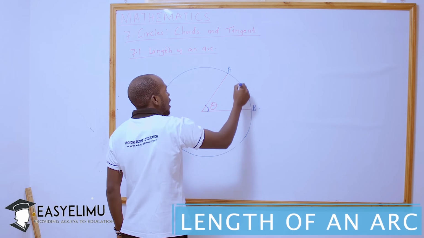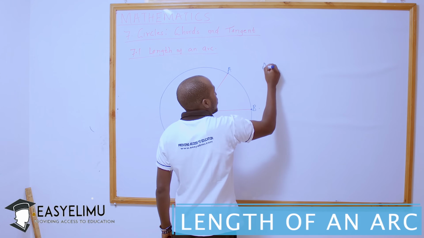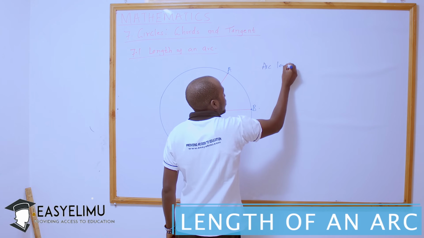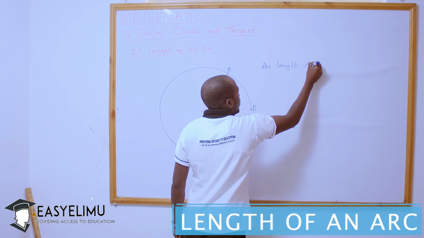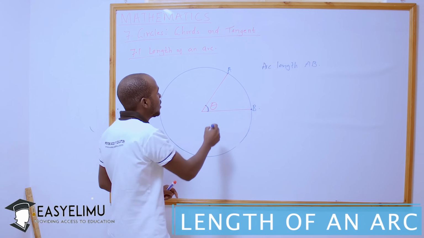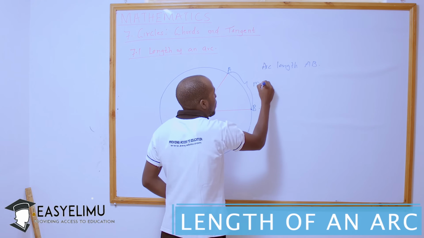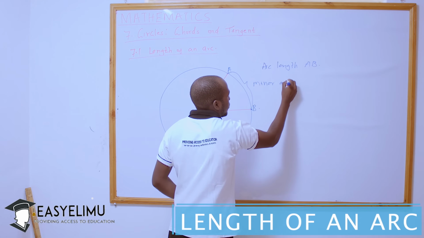Let's say the arc length AB is subtended by an angle theta at the circumference, and this arc length here is what I'm referring to as a minor arc.